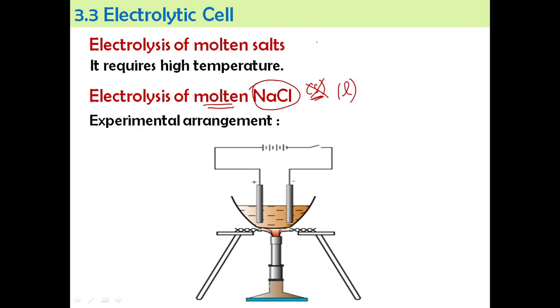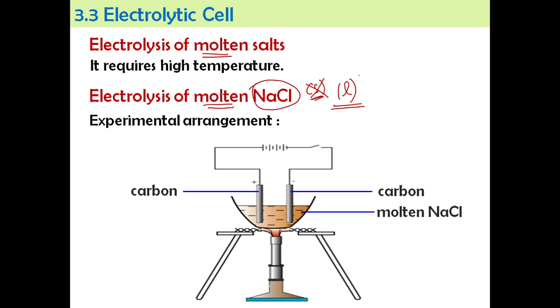Okay, jadi kalau awak ada molten salt dalam liquid phase. So this is the electrode and we're going to use carbon electrode, means inert lah. Jadi dia tak akan take part dalam reaction. So reaction only involve our molten NaCl. Jadi kita nak tengok lah apa produk dekat anode, apa produk dekat cathode. Okay?